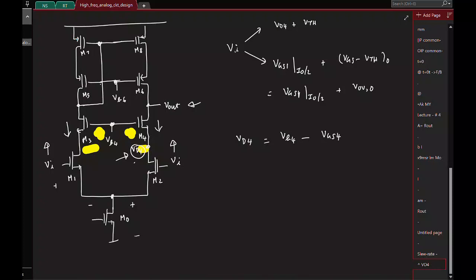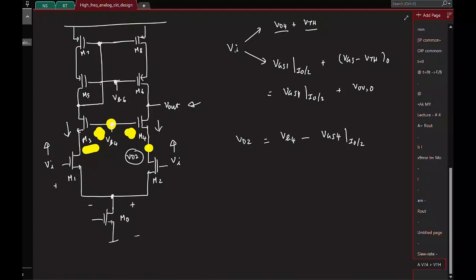I think my terminology is slightly messed up. I will probably call it VD2, the drain of the transistor M2. Is that fine? This voltage is basically the gate voltage minus the gate to source voltage of M4, so that it carries the current I0 by 2. So which means what is the maximum of VI?